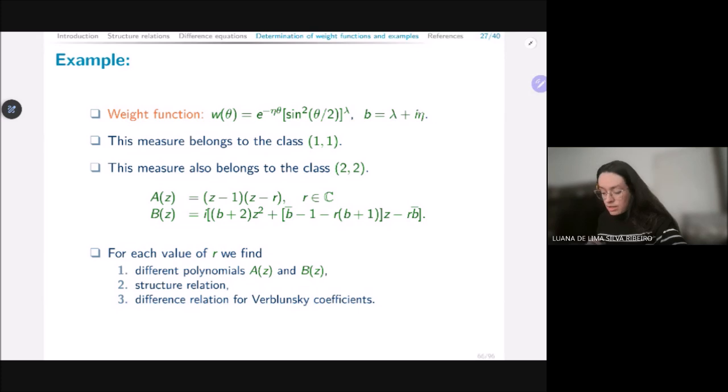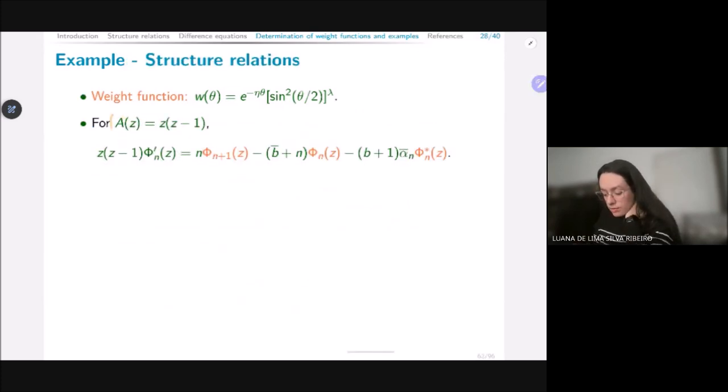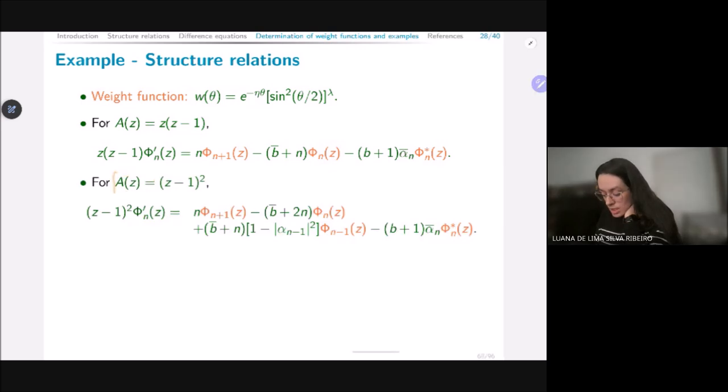So let's take a look at a few cases. When A(z) is in this form, one zero is 1 and the other zero is 0, the derivative of phi n multiplied by A(z) can be written as a combination of the polynomial of degree n minus 1 and the reverse polynomial. When we choose A(z) like this one, this quantity can be written as a combination of phi n minus 1, phi n minus 1, and the reverse polynomial of phi n.